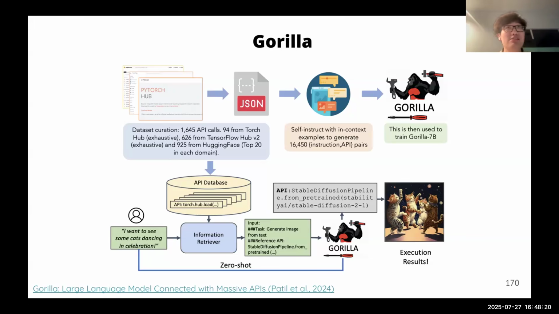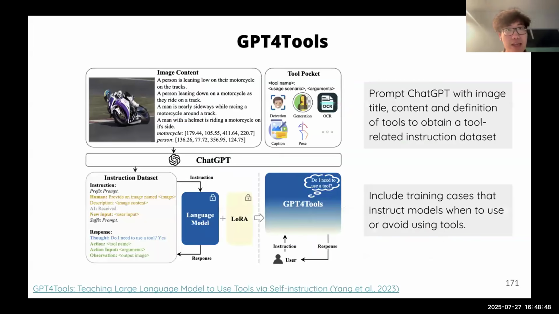So they can just have this document retrieved together with the instruction and feed it into the model, so that the model can better understand the instruction, the context together with the API document, so that they can have a better call for the APIs. And after they got the correct API call, they can execute the API and get the results. So that's basically Gorilla.